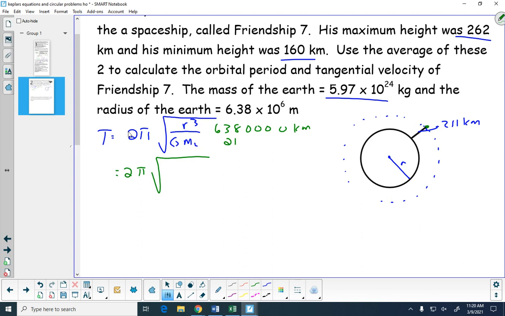I did that backwards, didn't I? This is meters. There we go, that's a little bit better. Let's change the 211 kilometers into meters. So we have 211,000 meters.